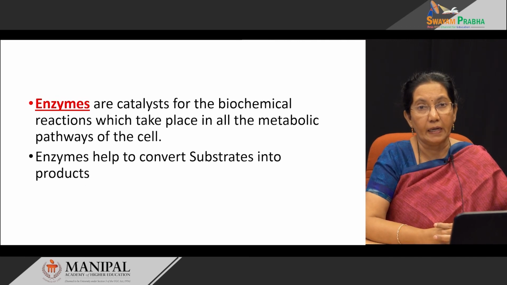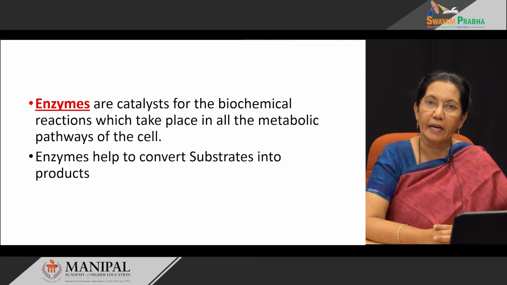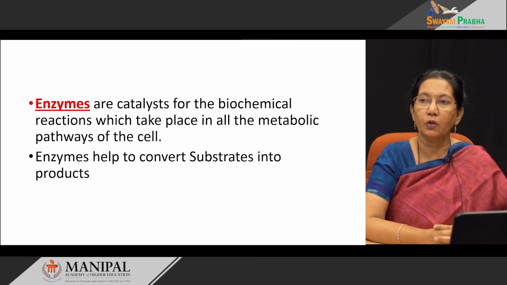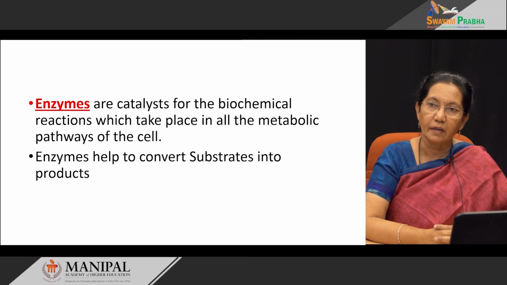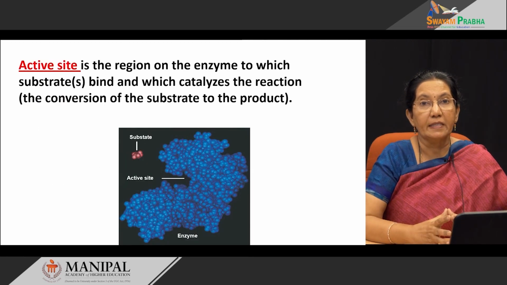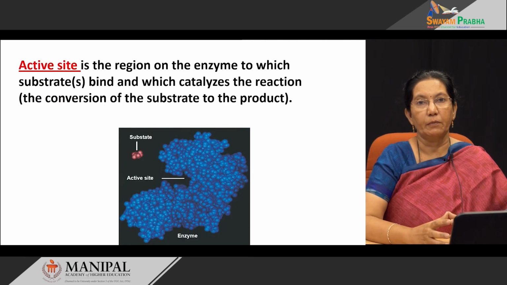You must know by now that enzymes are catalysts for the biochemical reactions which take place in all the metabolic pathways of the cell. In short, enzymes help to convert substrates into products. So, where does the active site of an enzyme lie?